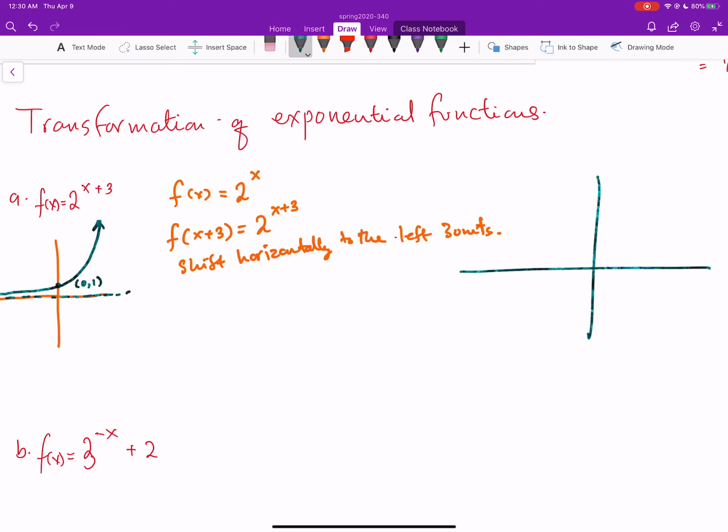I still have my horizontal asymptote. Nothing happened to it. It stays the same, but the point 0, 1 is not going to be at 1, 2, 3. It's going to be right here, negative 3, 1. And the graph is going to go do something like that.